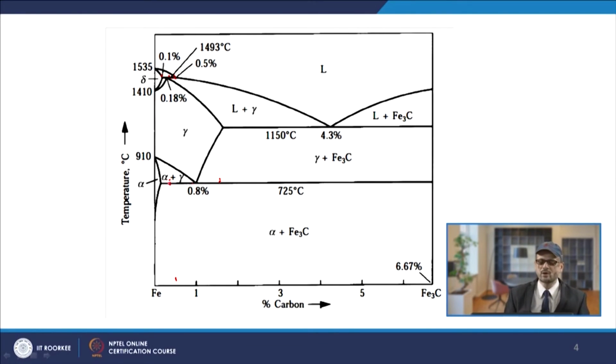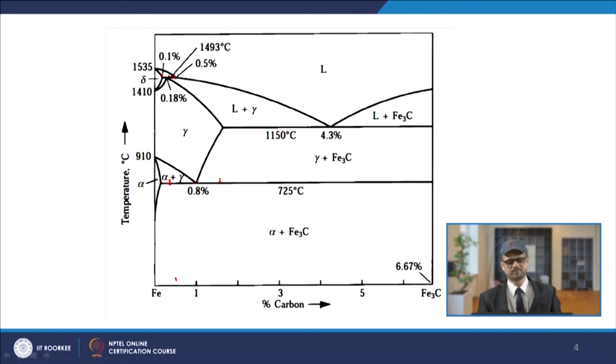At this point, you have to find the proeutectoid ferrite formation, that is, ferrite formed before the eutectoid reaction. This line is for the eutectoid reaction. So this will correspond to this line divided by the whole line.